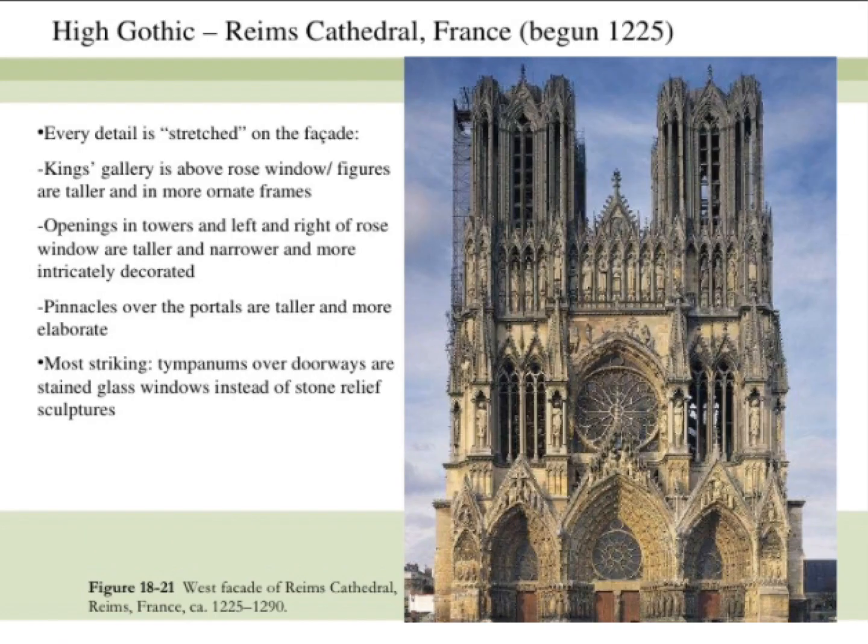This is the High Gothic Cathedral, the Reims Cathedral. We describe this church as if God sort of stuck his hand out of the sky and stretched it. If a church could be Stretch Armstrong, it would be the Reims Cathedral. There's a featured King's Gallery above the stained glass rose window.